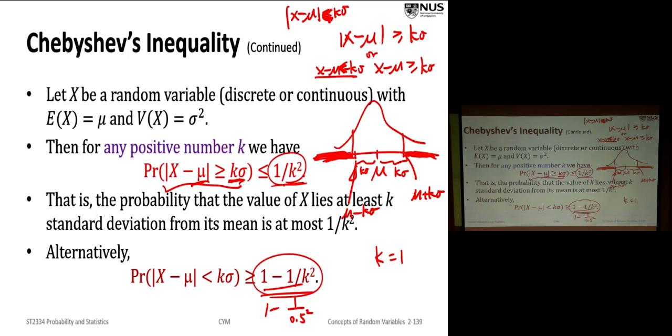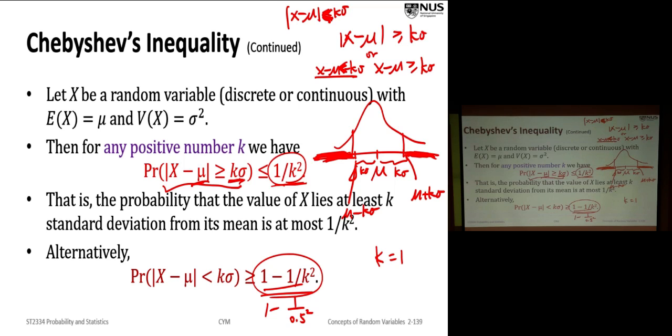Without this Chebyshev inequality, I always know that the probability of a certain event must be greater or equal to 0. Of course, it must be bigger than 1 minus 1 over 0.5 squared. So my point is this inequality works for any k, so long as it is positive. It may not make much sense if k is less than 1, so usually we apply it to k bigger than 1.